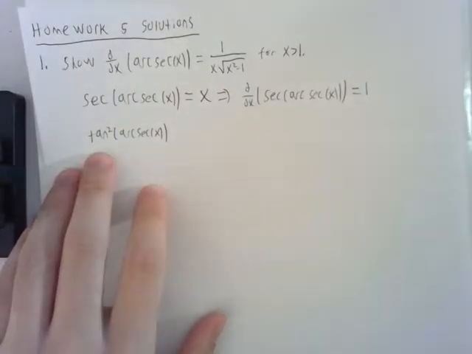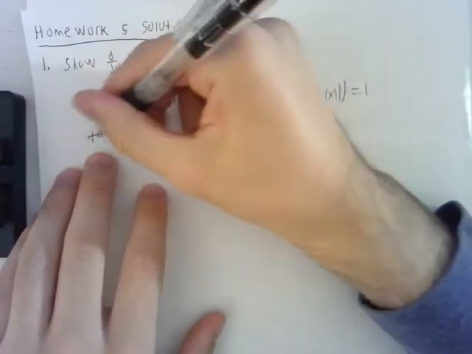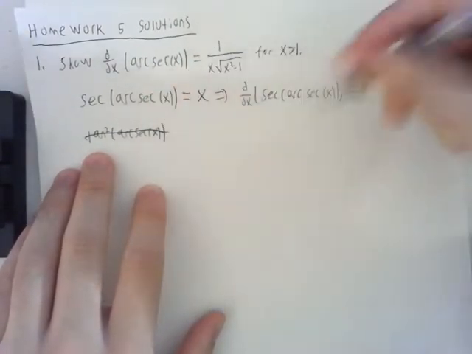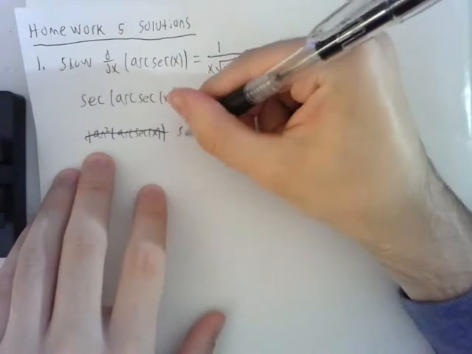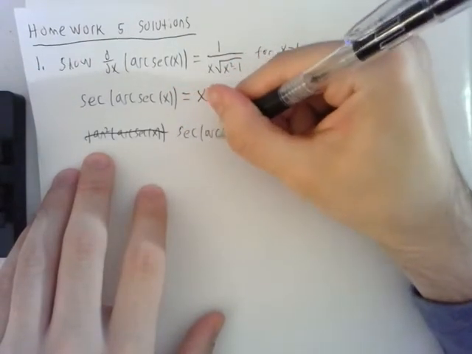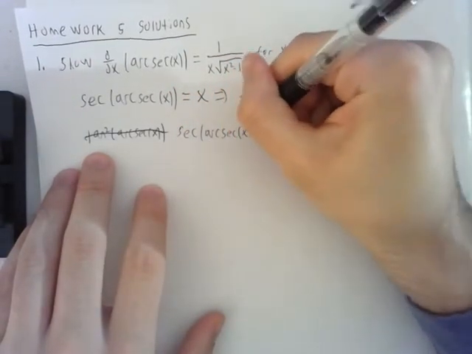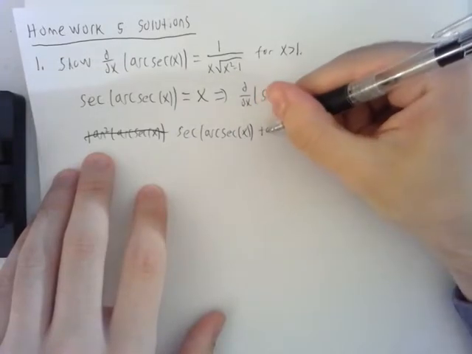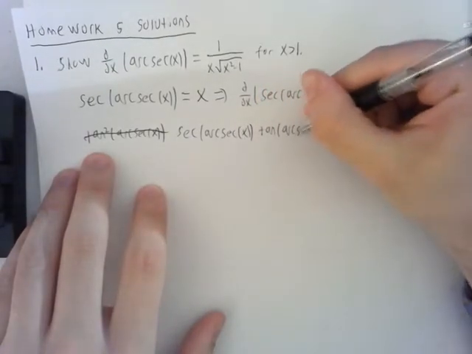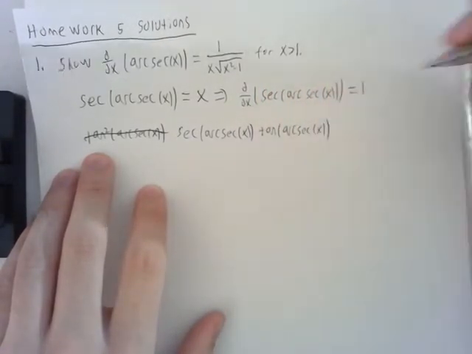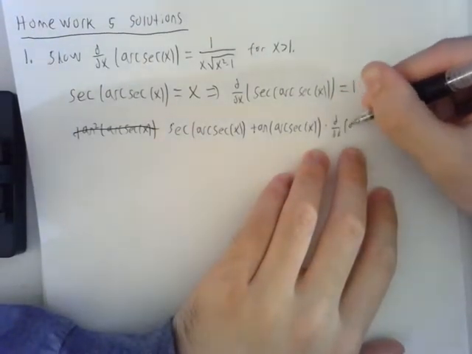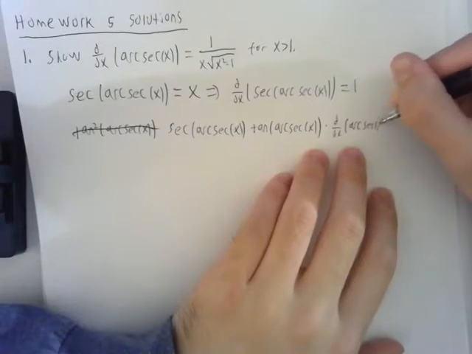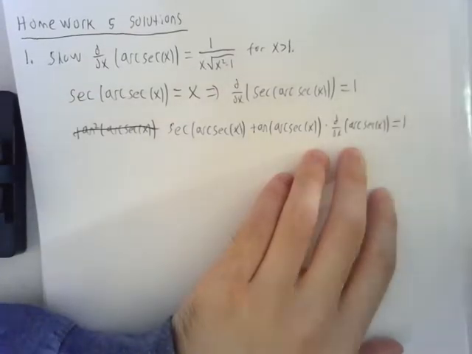I was thinking of the derivative of tangent being secant squared, but the derivative of secant is secant of x times tangent of x. So we have secant of arcsecant of x times tangent of arcsecant of x times the derivative of arcsecant of x, and this should all be equal to 1.